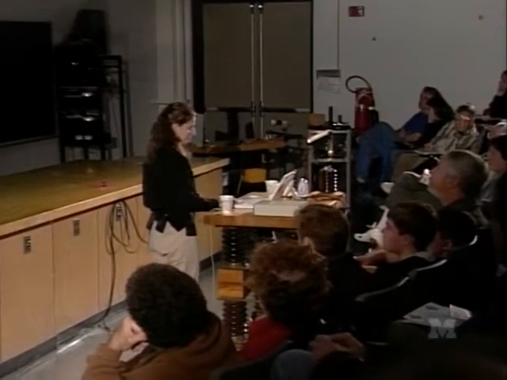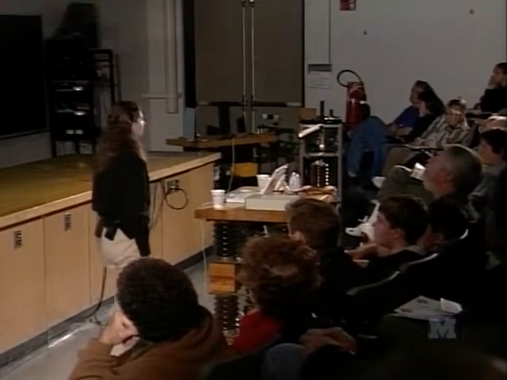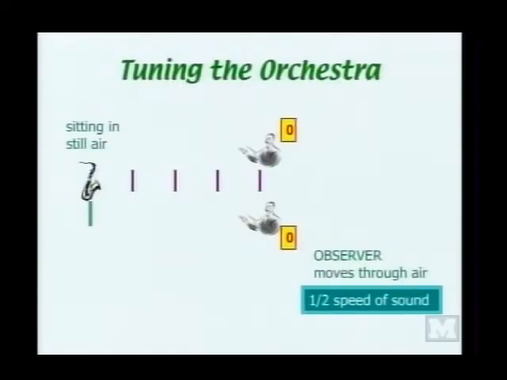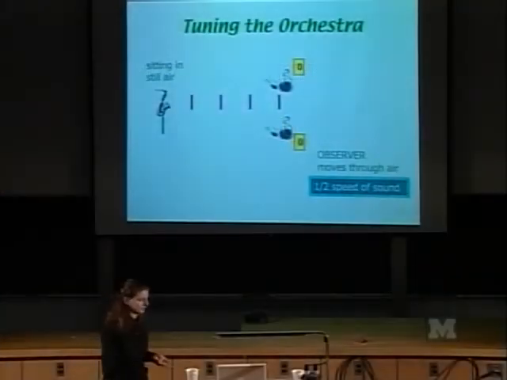So here's a second way of looking at it. We now have 2 conductors. We have one saxophone sitting still in the air. And we're going to have one of the conductors move through the air towards the saxophone. He's going to move at half the speed of sound. We're going to count how many waves pass completely each conductor. So over here, this first wavelength has just barely reached, it hasn't quite passed either one, so you've got their counters at 0.